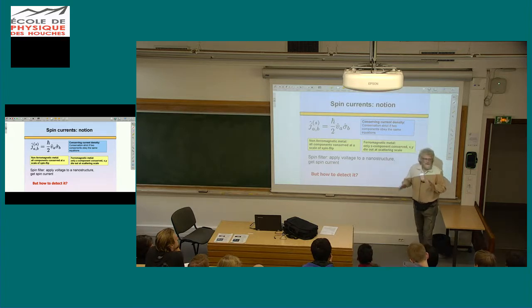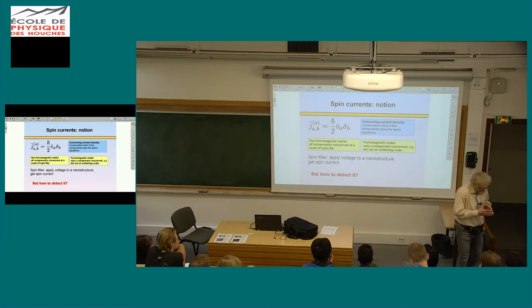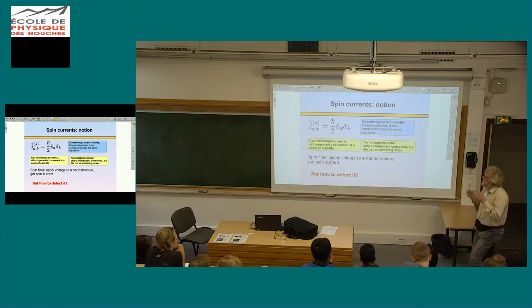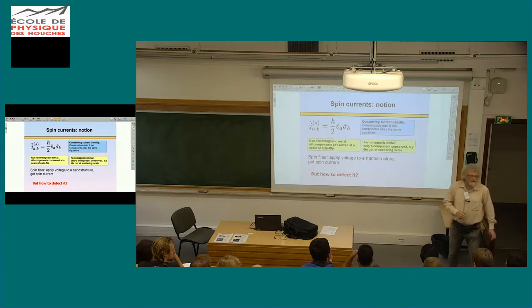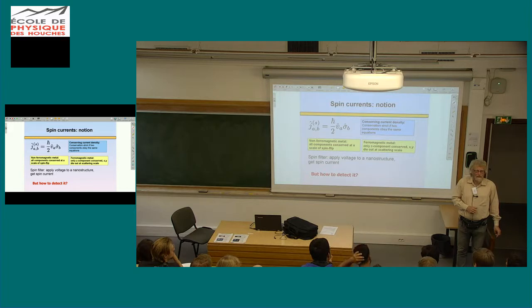In non-ferromagnetic metals, the histories of all spins are the same. That's why all components of spin current are conserved. If one considers a ferromagnet, then only the component along the quantization axis of the ferromagnet is conserved. Perpendicular components vanish.